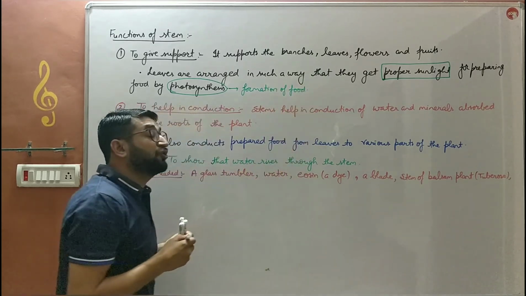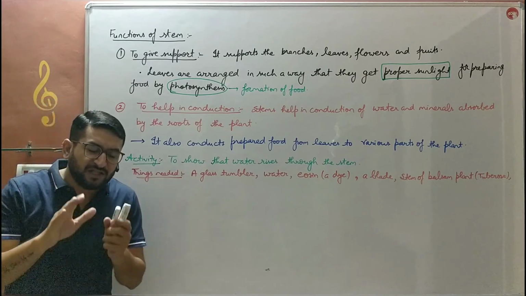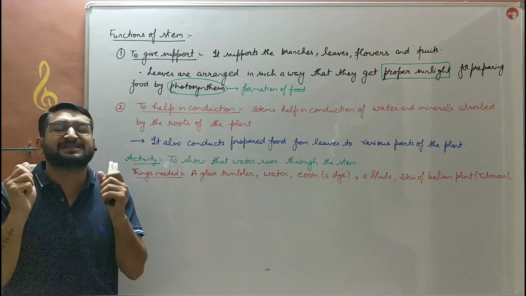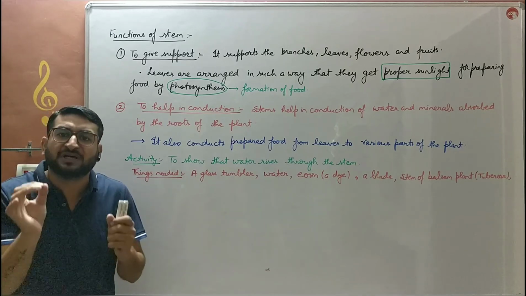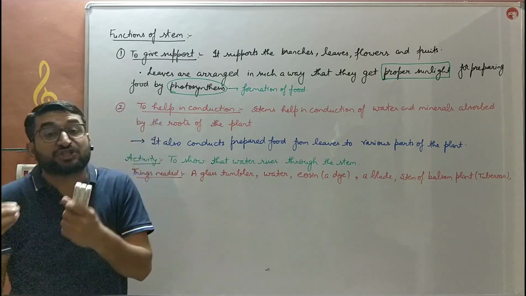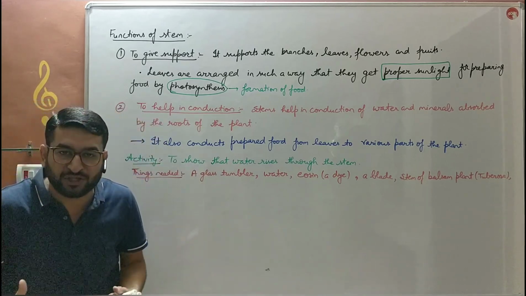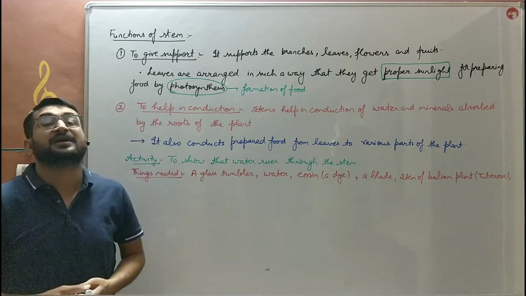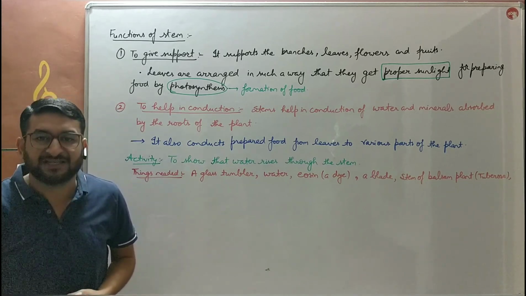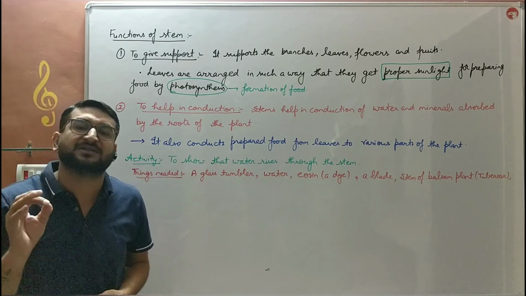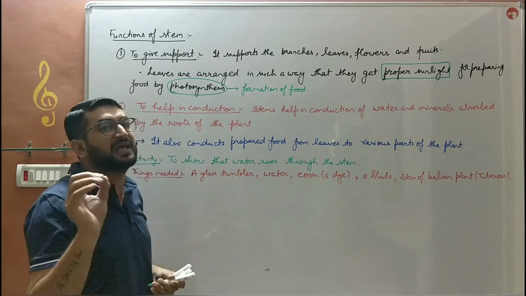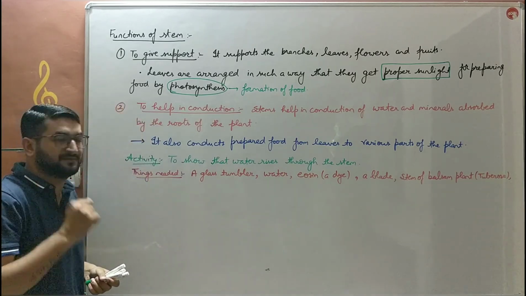So stem ensures this as well, that the leaves will get enough sunlight to perform their basic process named photosynthesis. Photo means light and synthesis means to produce. Formation of food, that is organic molecule glucose, in the presence of carbon dioxide, water and sunlight is known as photosynthesis. During this photosynthesis, the leaves release oxygen gas, the life supporting gas which plants release.